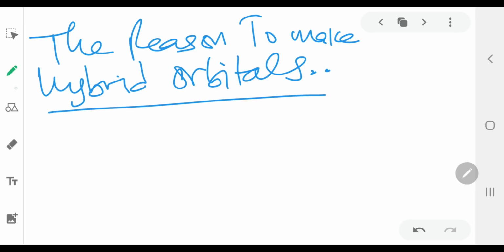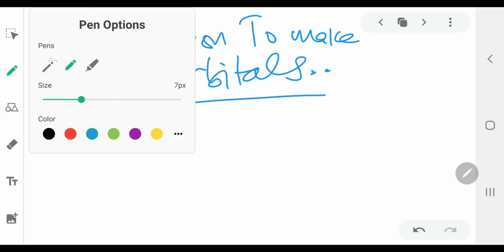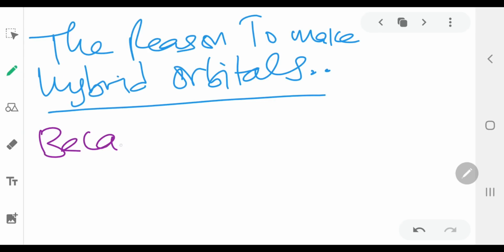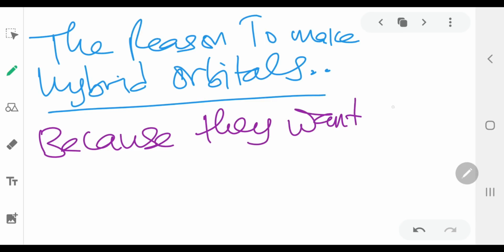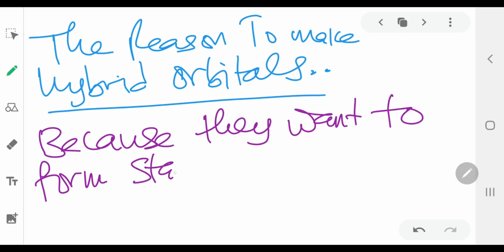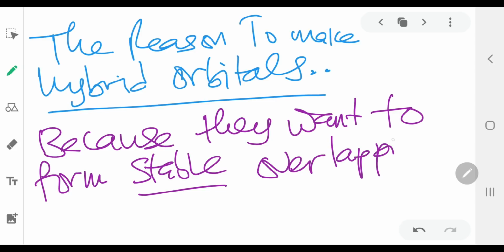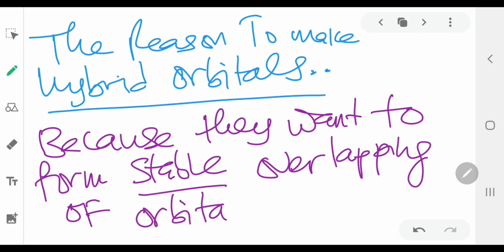Okay, the reason why the central atom needs to form hybrid orbitals, mixing all the pure orbitals together, is because they want to form stable overlapping of orbitals.